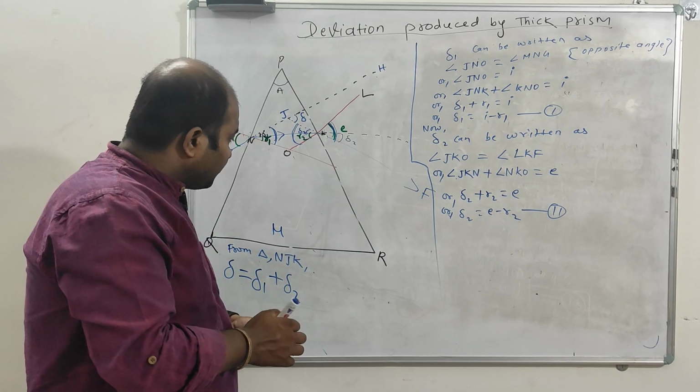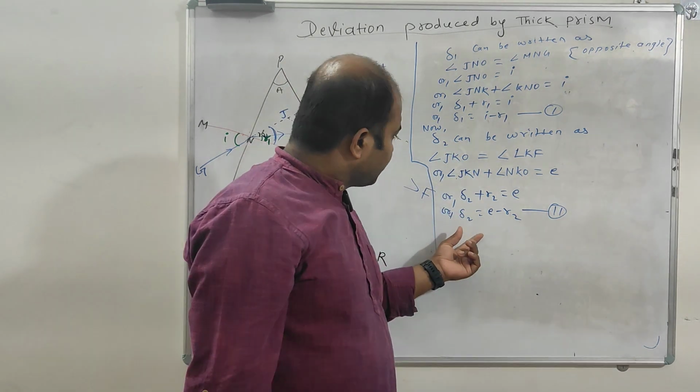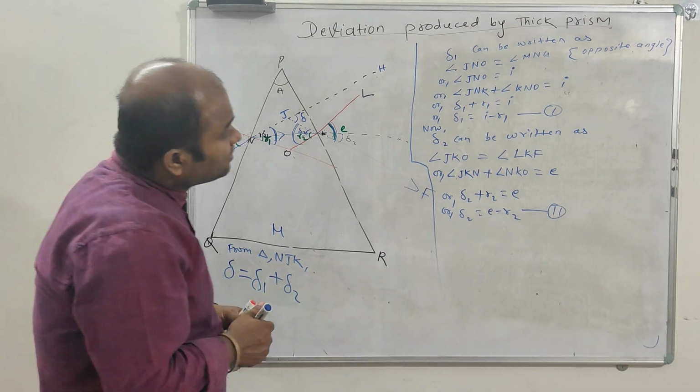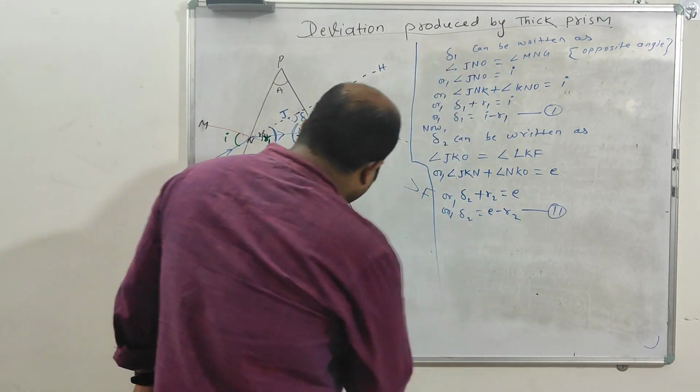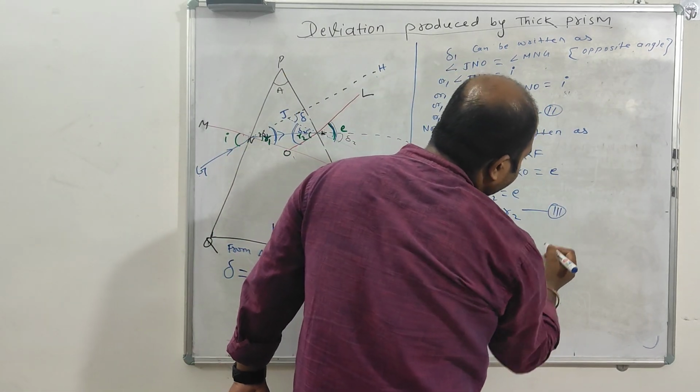Now we got the value of del 1 and the value of del 2. We keep this as equation 1, this as equation 2, and this one is 3.